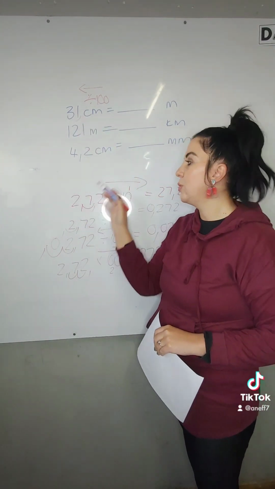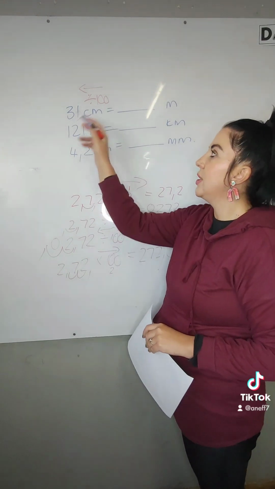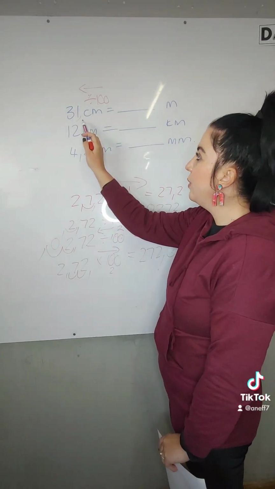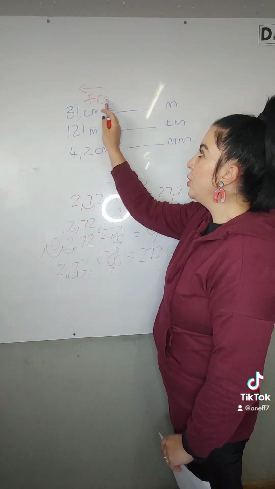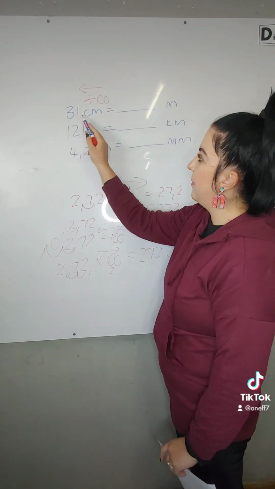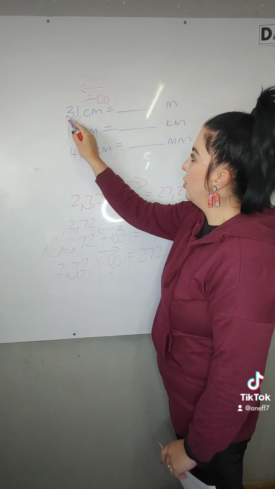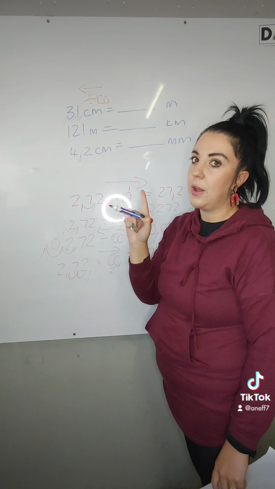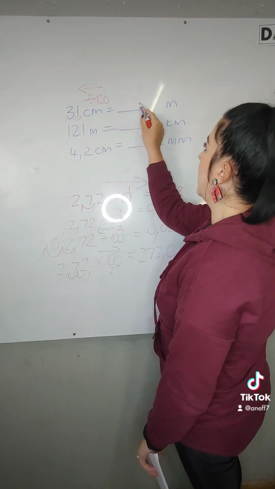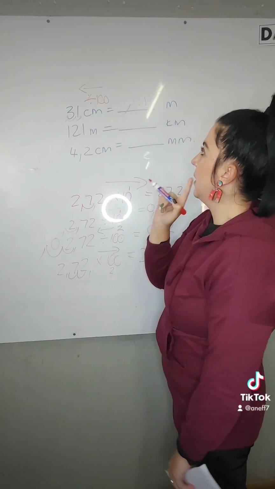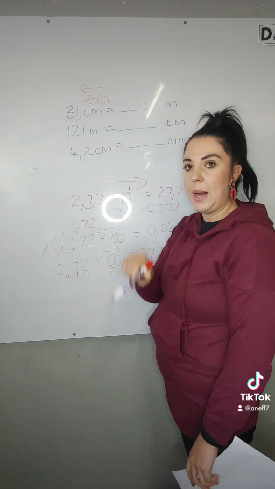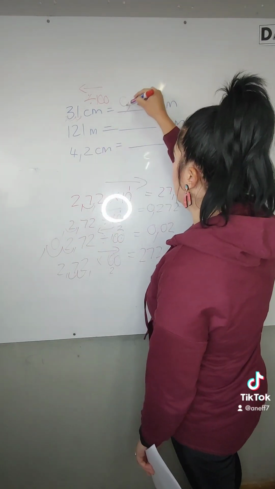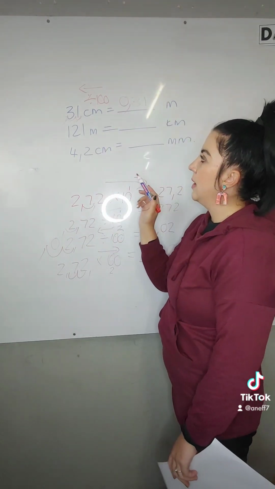It's just easier because we have done this. So I'm going to move my comma 2 times to the left hand side. 1, 2. So now my comma is going to be in front of the 3, 1. In front of the 3, the comma is important. You must add a 0. So it's going to be 0, 3, 1.